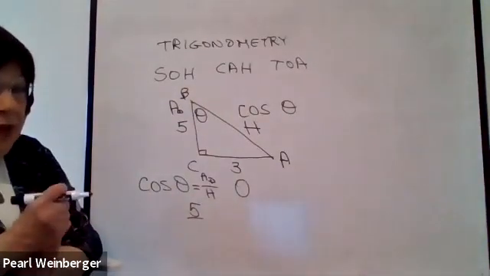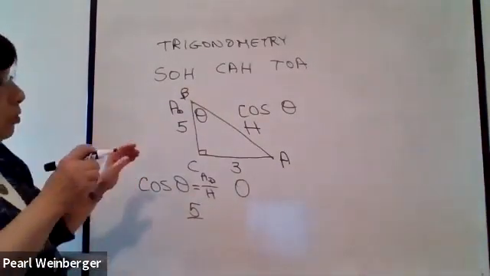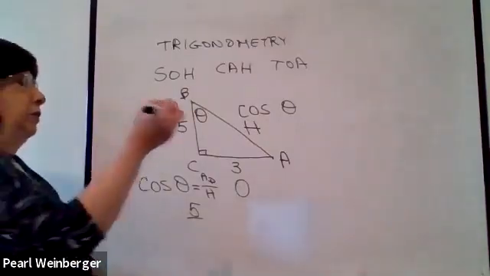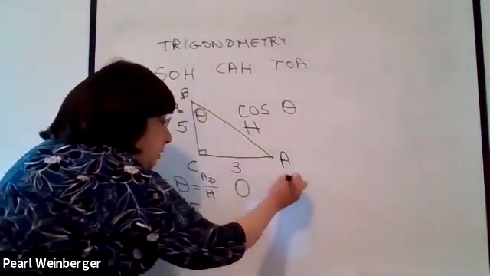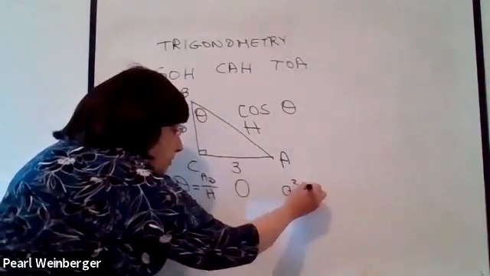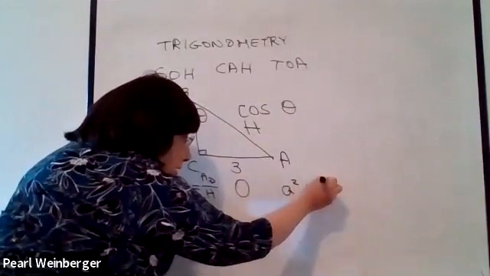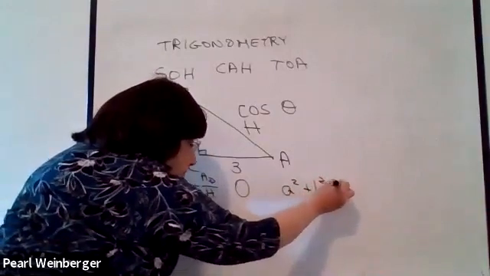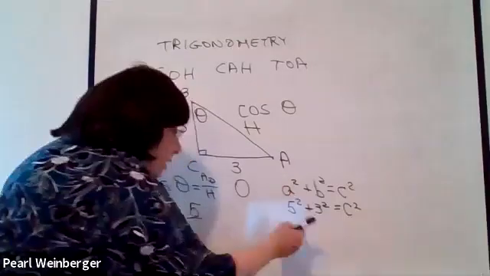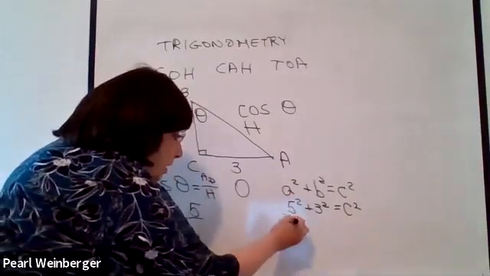But it doesn't matter. Why? Because I know from my Pythagorean theorem that a squared plus b squared equals c squared. And that means that 5 squared plus 3 squared is going to equal c squared.